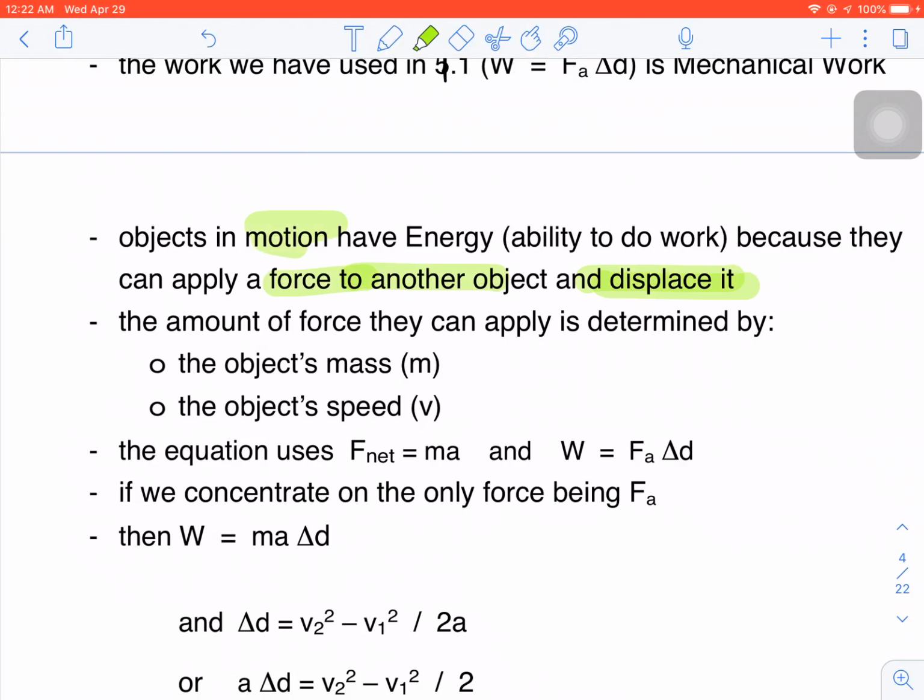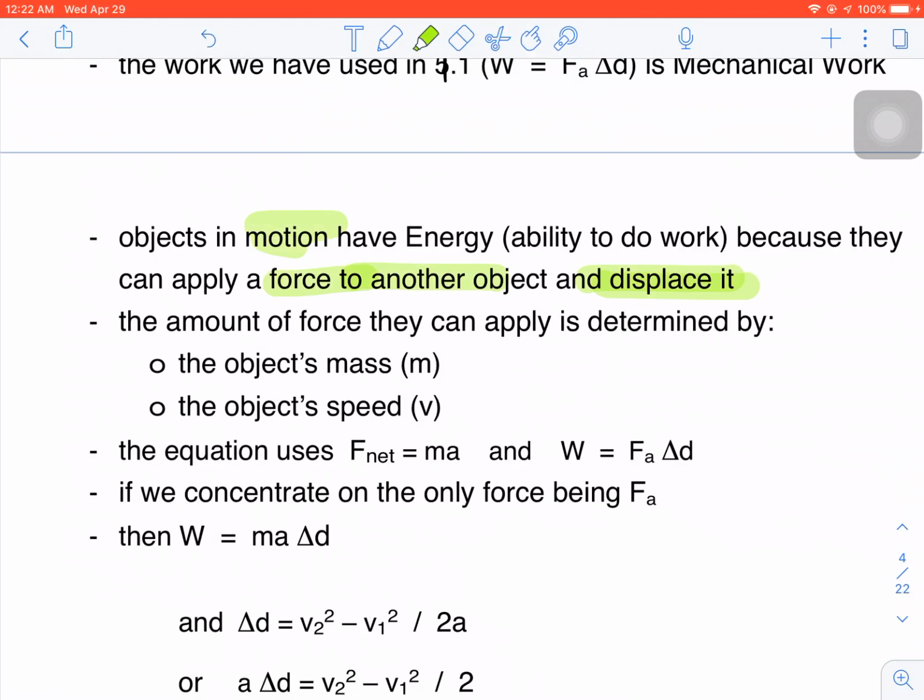What it's going to do to the parked car is apply a force to it and cause that parked car to move. It'll probably also rearrange some of that parked car so it now has a new shape, and some of the work that it used, some of the energy that it had, which has now been changed into another type of energy, is used to rearrange the particles in that parked car.